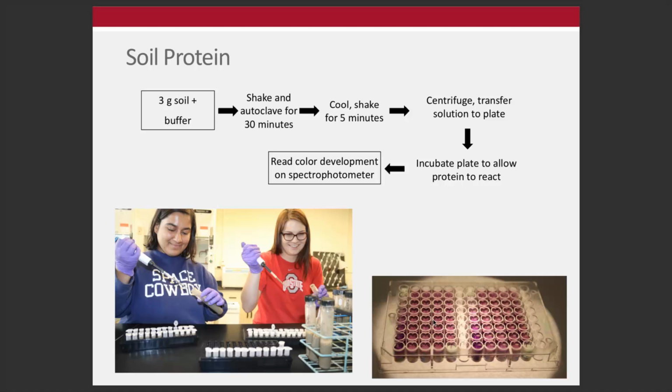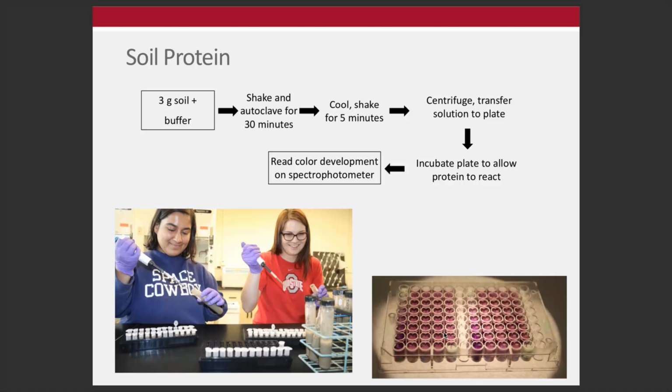So it's colorimetric, similar to the active carbon. It measures absorbance and transmittance of light through that plate. We can relate these with standards and quantify with very good precision how much protein is in that soil. This is how we do it, and again, it's rapid and high throughput. We still have a fair amount of work to do to figure out exactly what the soil protein functionally reflects and how it can be used to help with management.